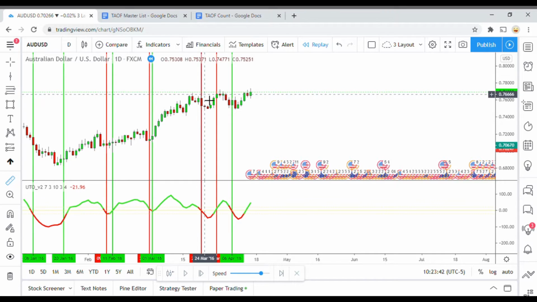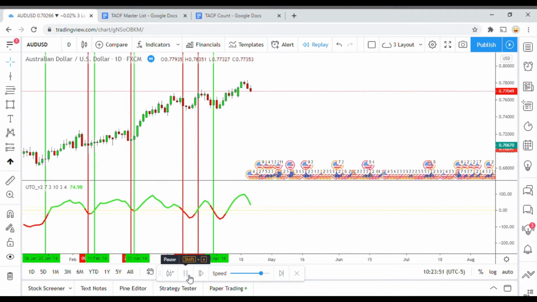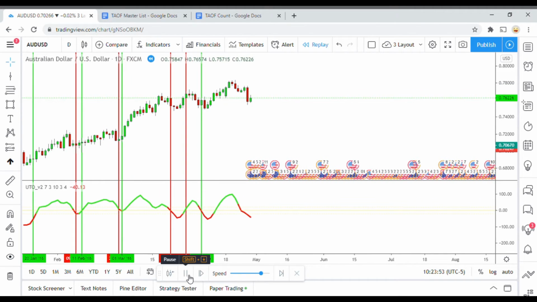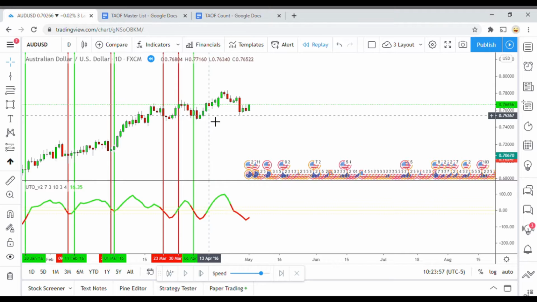Just want to double check these real fast. Got these really long wicks, but I'm pretty confident they didn't get to the 60 pip take profits.